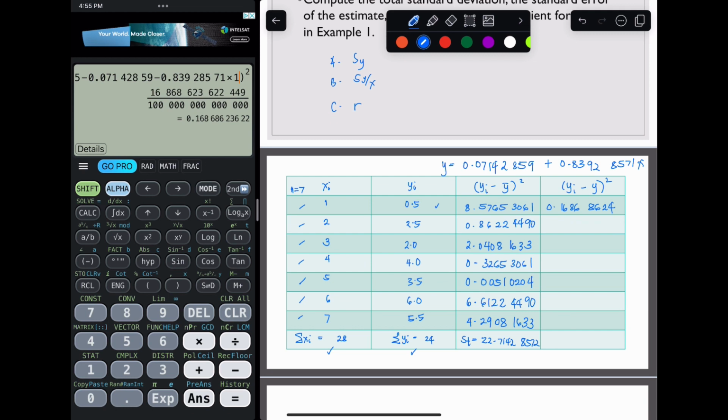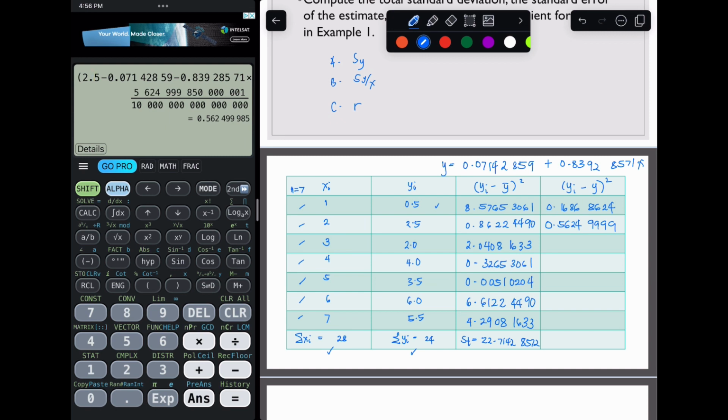Then the next one, our x is 2, then y is 2.5. So we have 0.56249999.